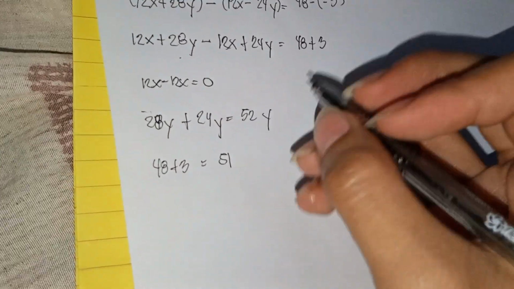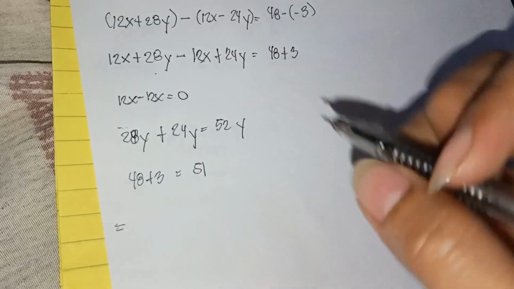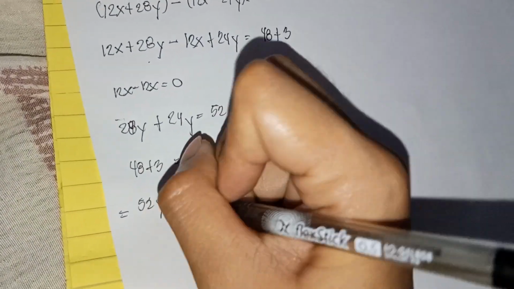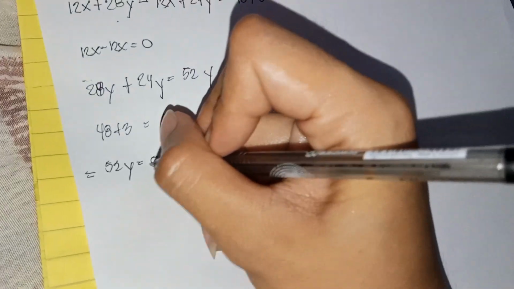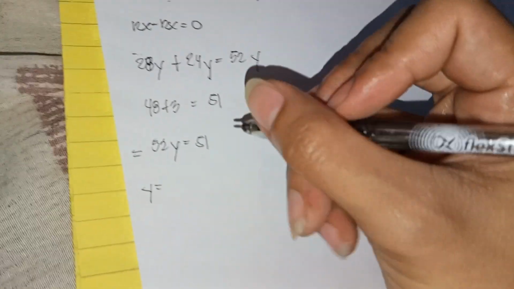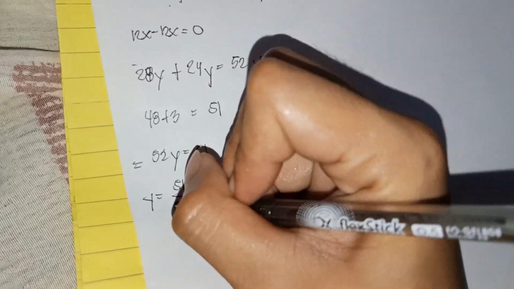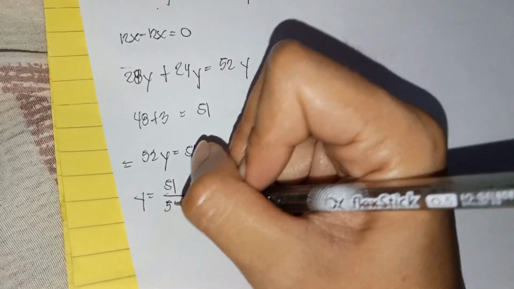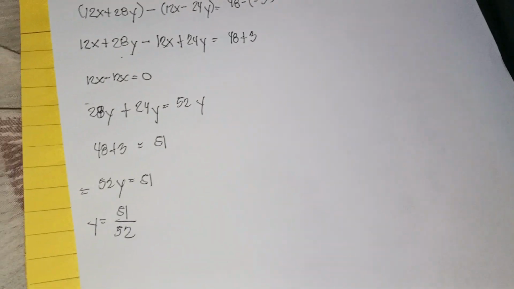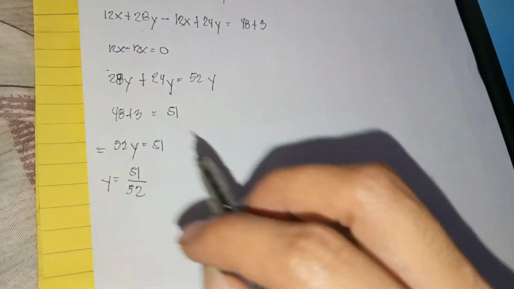So we get here 52y equals 51. So the value of our y is 51 over 52. And that is the value of our y.